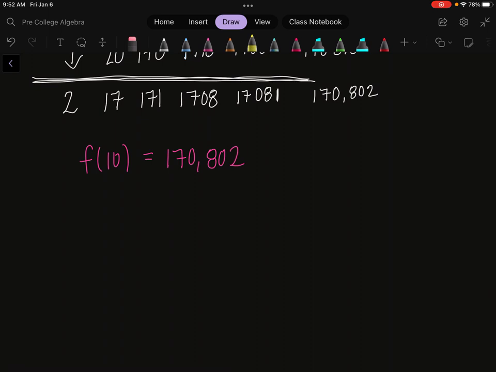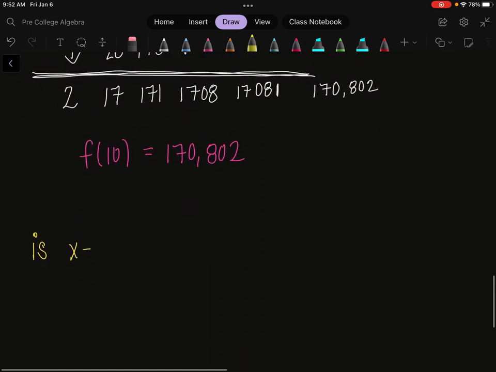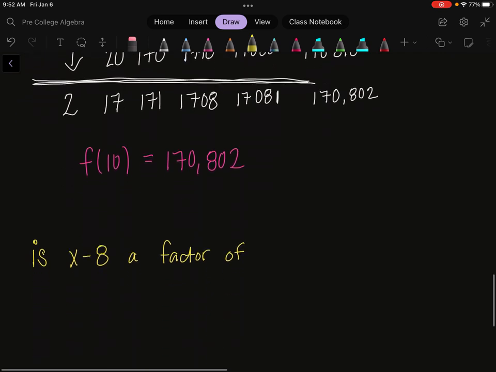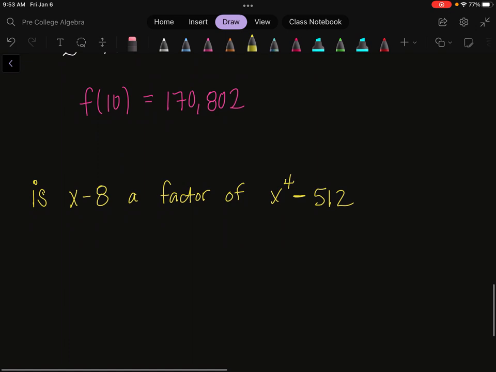You're going to have some questions, like maybe there's going to be a question: is x minus 8 a factor of x to the 4th minus 512, something like that.